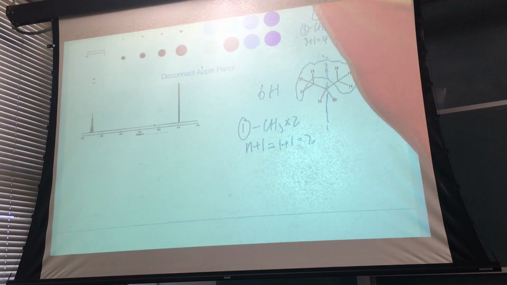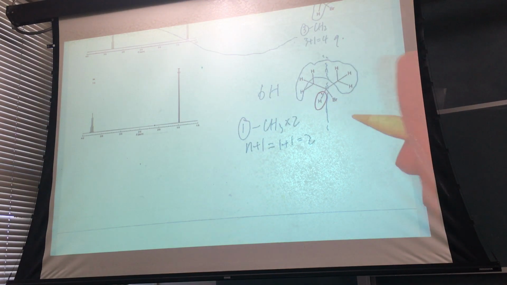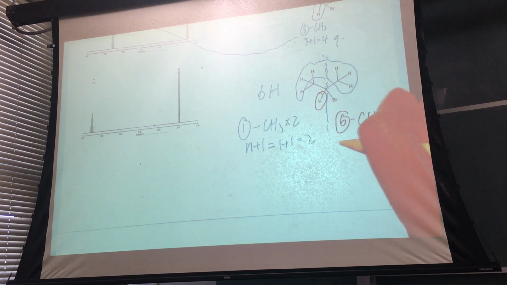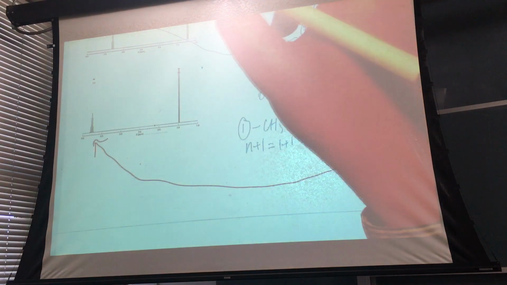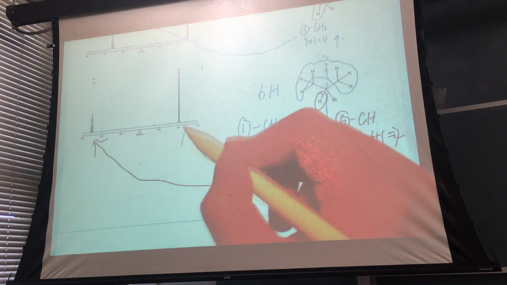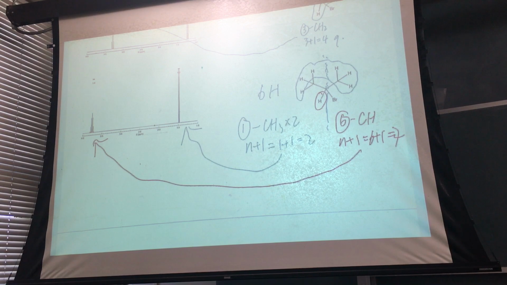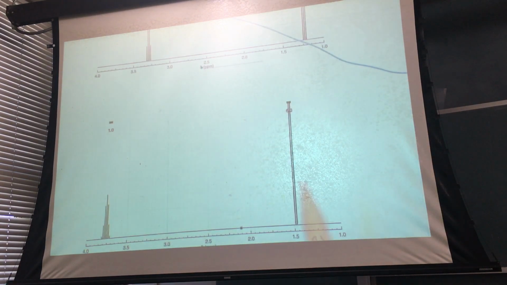How about the red hydrogen? This one has 6 neighbors. So it's a CH with 6 neighbors. So n plus 1 equals 6 plus 1 equals 7. So this one has 7 peaks, and this one has 2 peaks. Also the intensity told you that: 6 hydrogens and 1 hydrogen.